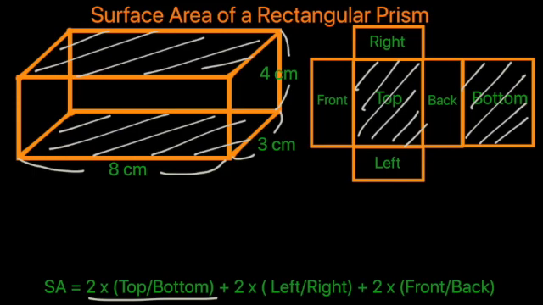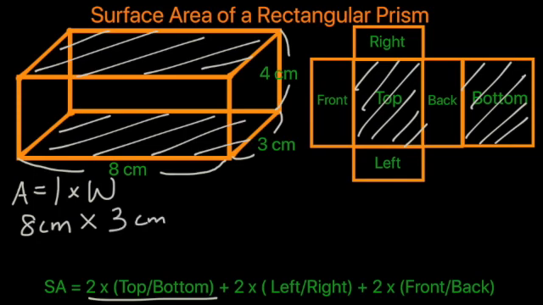And so the area formula is length times width. In this case, we would take 8 cm times 3 cm. So here and here.